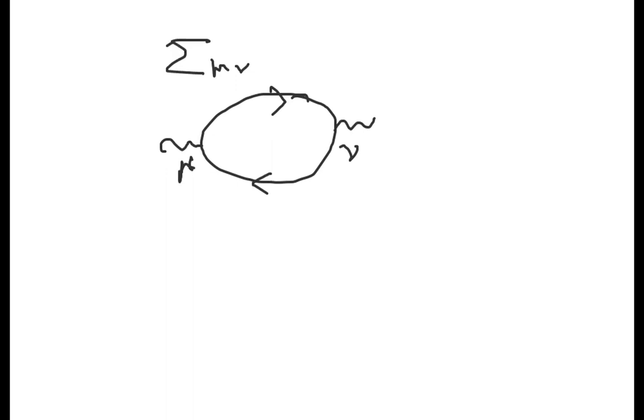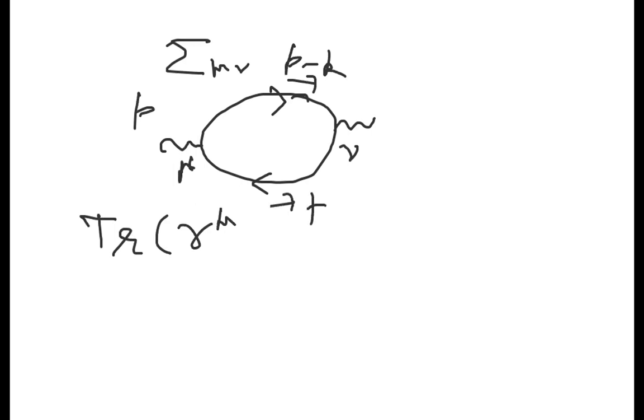Basically, there is a gamma mu here. So what is the expression for this? This is the trace of gamma mu, then if this is P minus K, and this is K, gamma mu, I'm just not writing all the i factors.